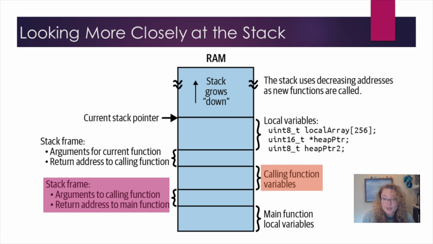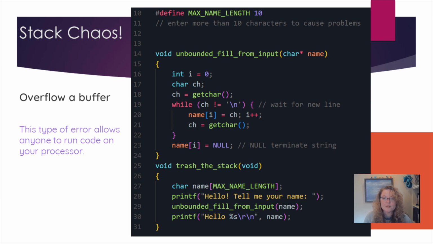Even the trash the stack function may be able to return. Depends on how far out of bounds we go, whether or not we actually overwrite that return address to main function. If we go far enough, the name array will overwrite that and we won't be able to return. Think about that. We will successfully leave unbounded fill from input, but we won't be able to return from trash the stack. When we try, we'll go somewhere else, depending on the input from name array.